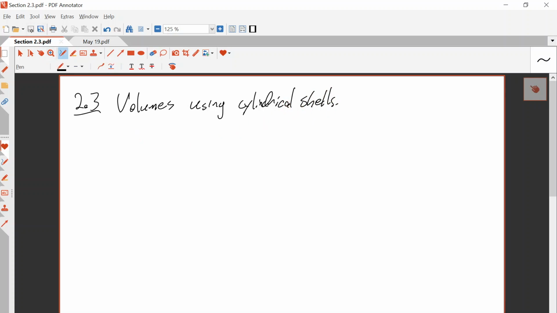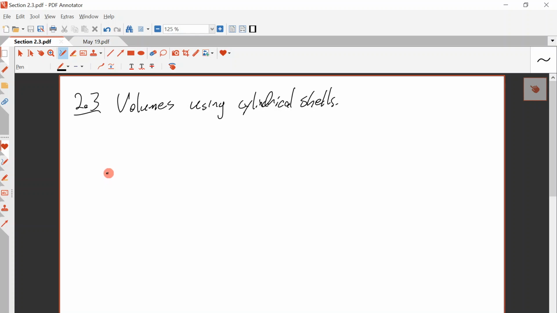In section 2.2 we calculated volumes using perpendicular slices. This is a different method which can be used to calculate some of the same volumes, and some volumes that you can't calculate, or not easily calculate, with perpendicular slices.